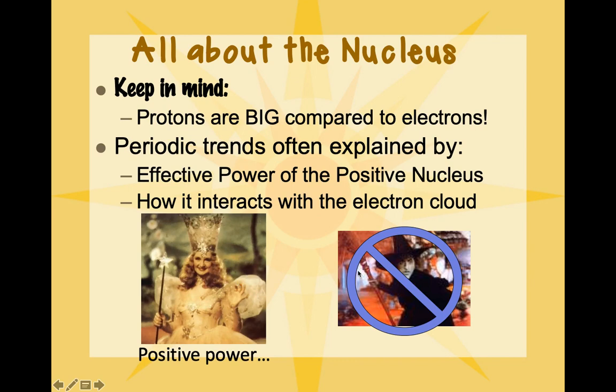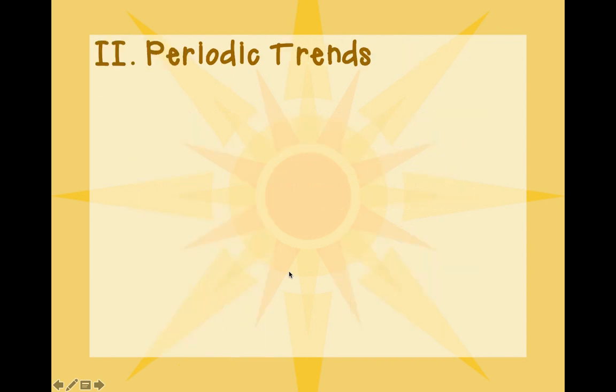And obviously I'm just being silly with our Wizard of Oz things. But the basic idea is if the power of the nucleus is really powerful, it can pull in the electron cloud, which is related to the trends we're going to talk about. So keep in mind, protons are big, so if your nucleus is powerful, that interacts with those negative electron clouds in an interesting way. Okay, let's get into it for real.